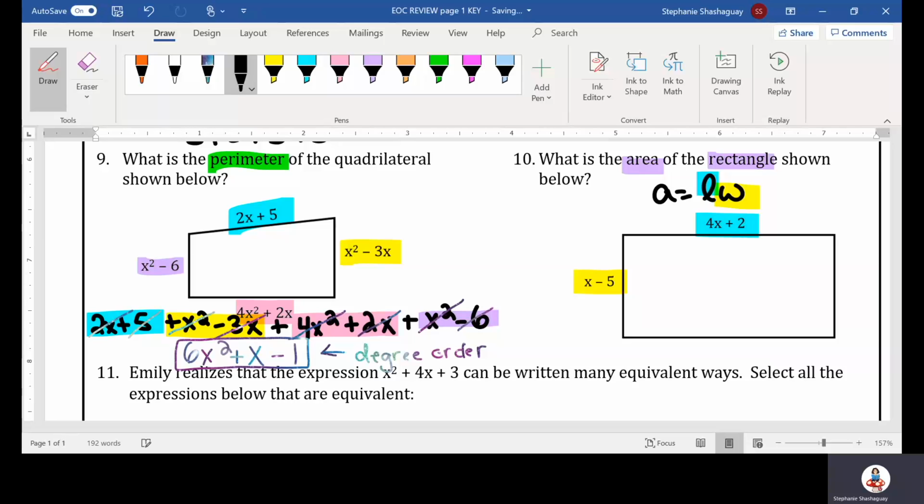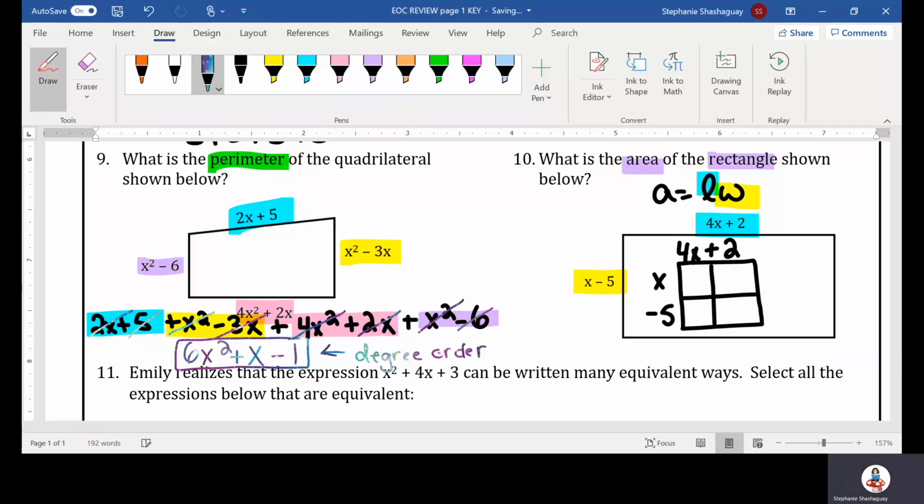And I can do that using an area model. And since I'm running out of space, I'm just going to put the area model inside my rectangle. So I'm going to have x minus 5 and 4x plus 2, and then multiply those together.